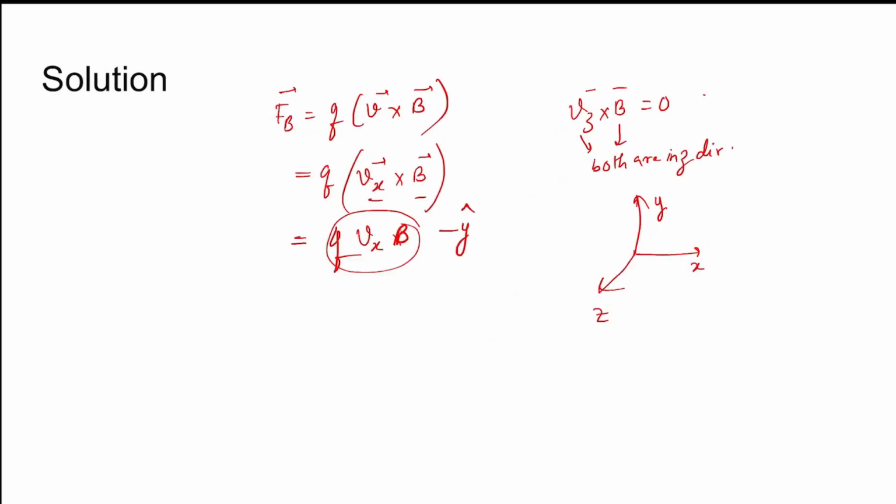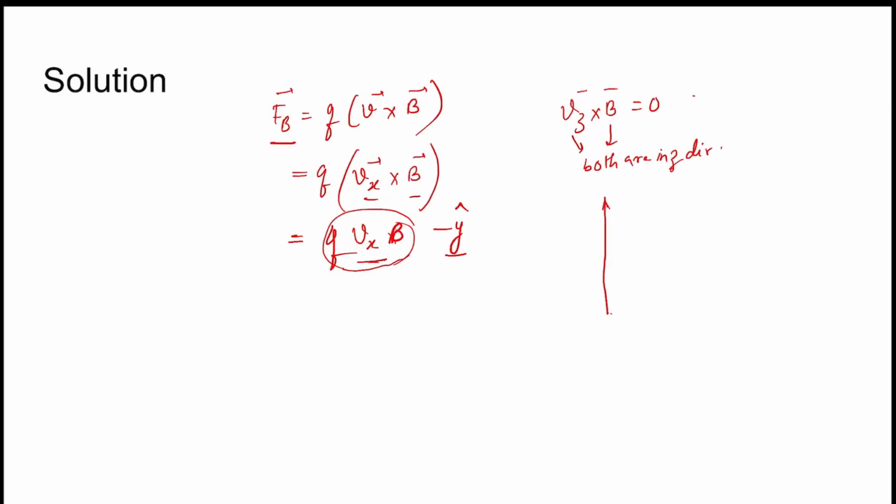So in the minus y direction it will face a force. Now after facing this force, the particle is here. Now see what the situation is. We have this coordinate axis, this is x, this is y, this is z in the right-handed system. If the particle is somewhere here, it has an x component of velocity and a z component of velocity.